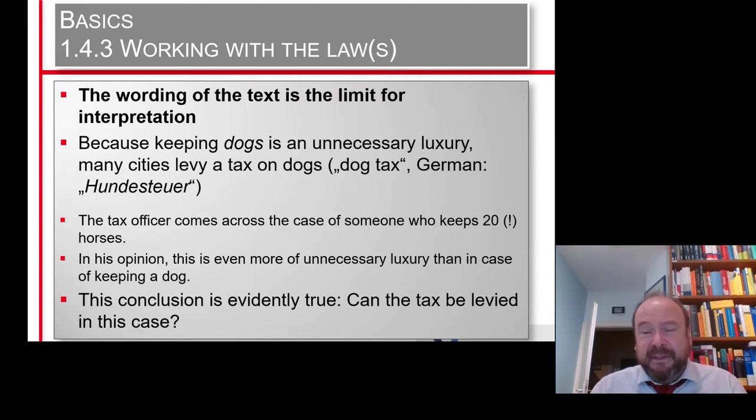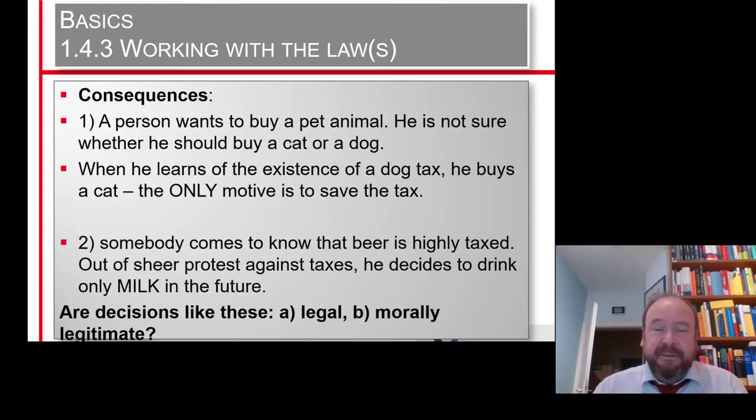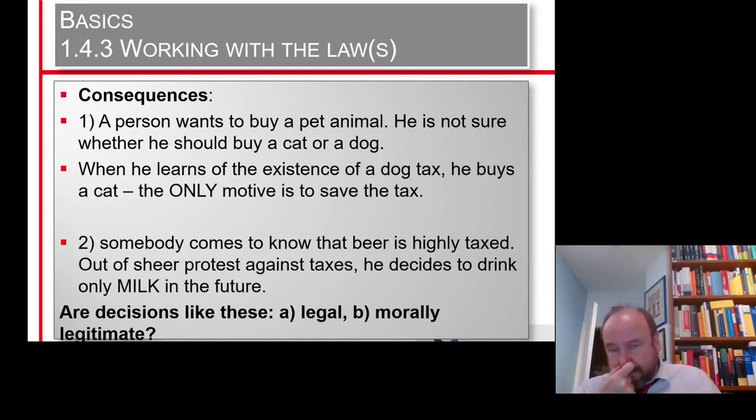If that is not done, you just have to respect that up to now the laws do not contain the possibility to levy dog tax on horses. The wording is clear, and by that the tax is impossible.